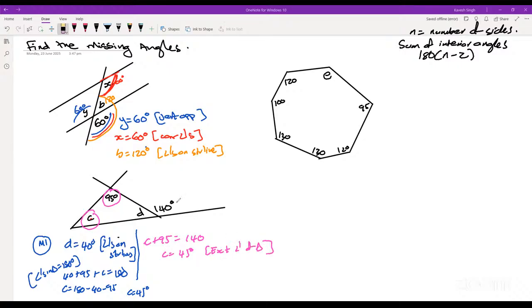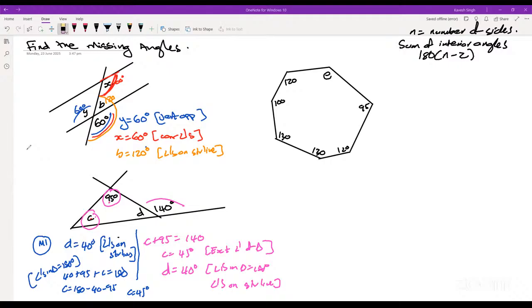So if I'm given two angles in this triangle, I can subtract, because that plus that equals 140. And then d, I can go back again, angles on a straight line. d equals 40 degrees. So those are angles in a triangle, and then angles on a straight line.